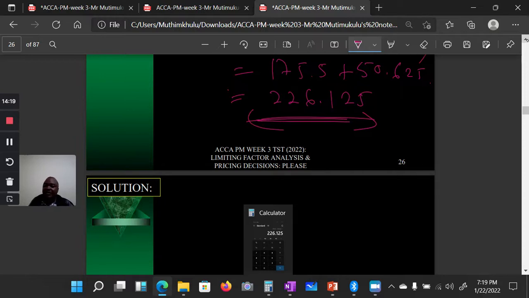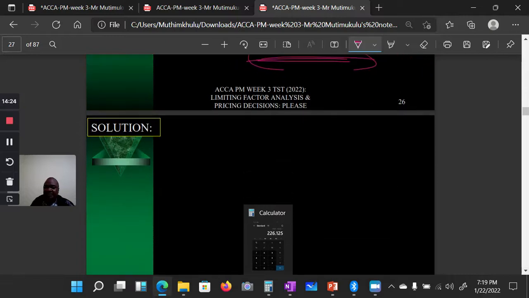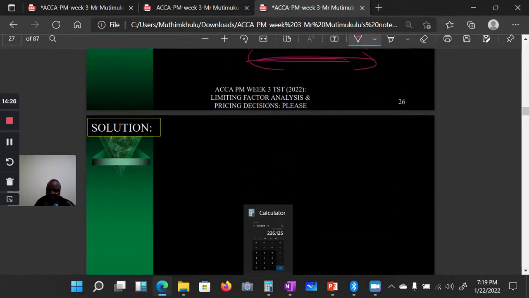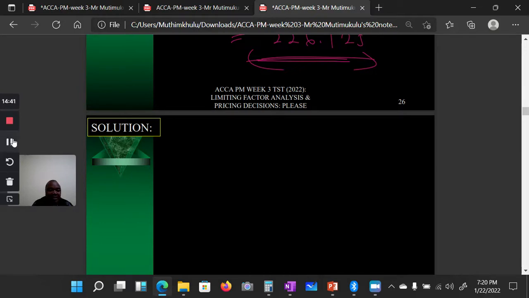Now the question is, what is the shadow price? From this, what is the shadow price?